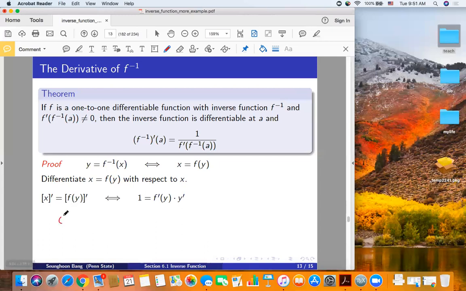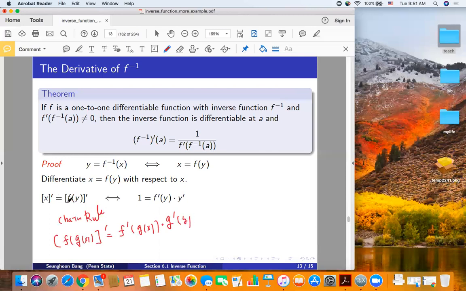For f of y prime, use the chain rule. Do you know the chain rule? What is the chain rule? The derivative of f of g of x is the outer function prime of the inner function g of x, times the inner function g prime of x.